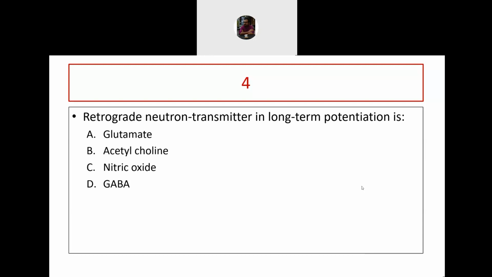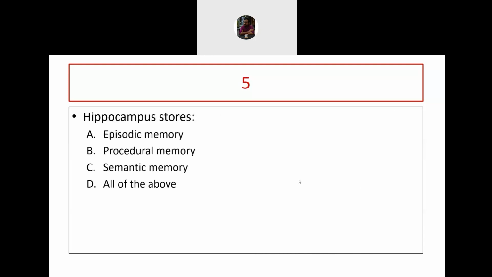And the last question before we start discussion. What does hippocampus store in relation to memory?